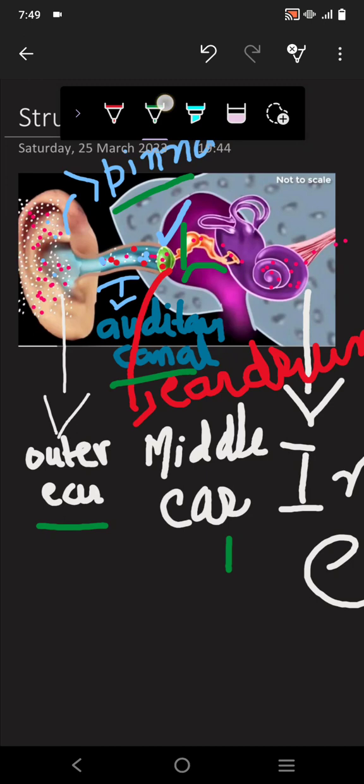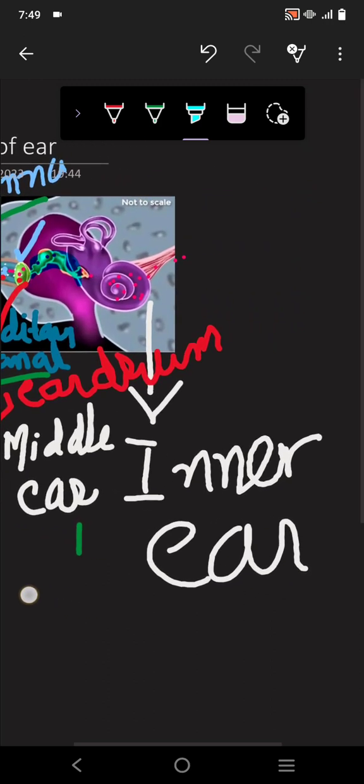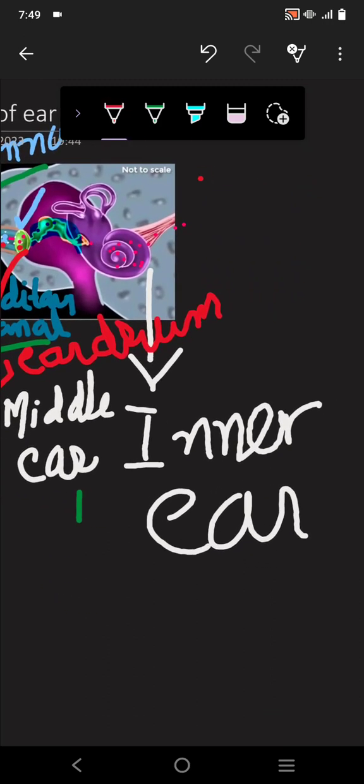Now these are three bones. I'm writing the names of the three bones.